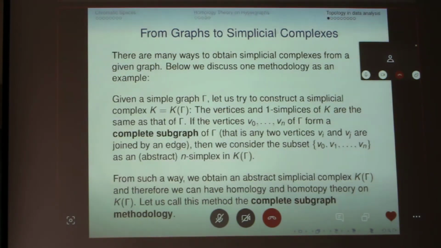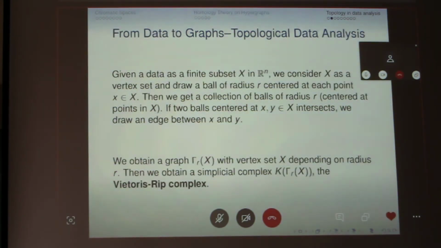Persistent homology starts with some finite subset inside Euclidean space. This is called point cloud data. Then you can look at the balls of radius r centered at each point.